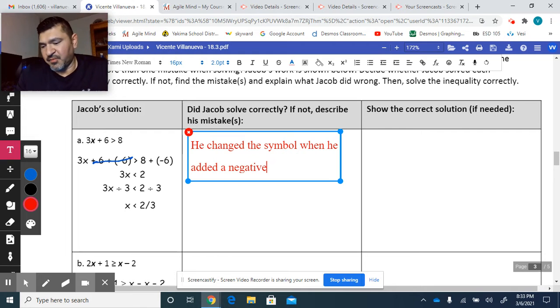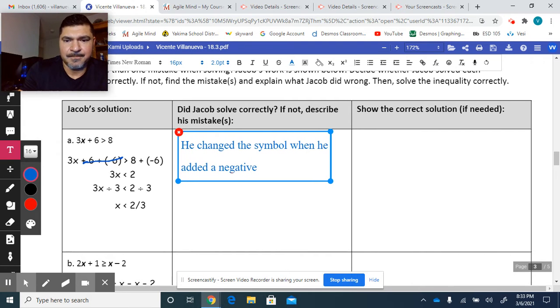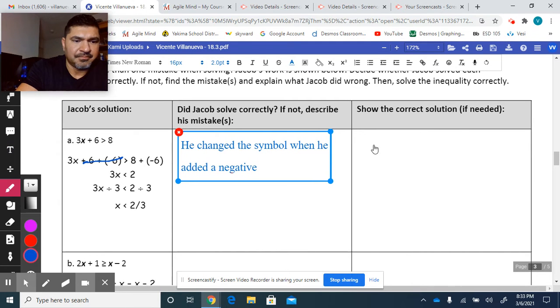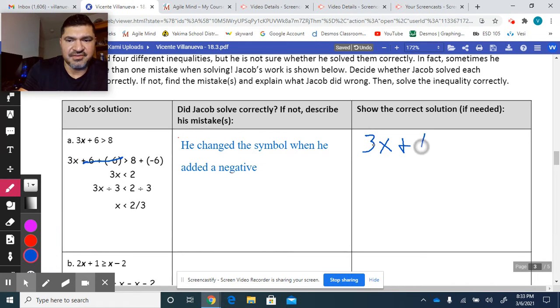So on this side, they want us to work out the problem. So I'm going to go ahead and write out the problem here. So we've got 3x plus 6 is greater than 8. First step is to subtract 6 on both sides.